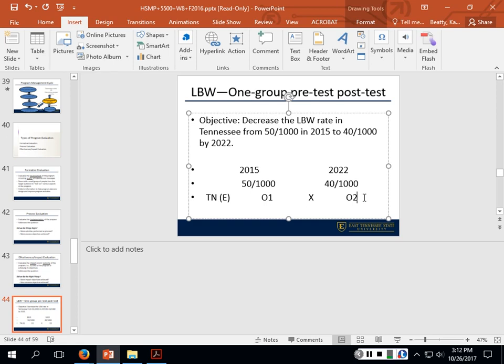So in public health research, again, while randomization is the gold standard, okay, for ethical reasons and sometimes for logistical reasons, it's not an option. So our best bet in that case would be to include a comparison group, okay, that is similar in characteristics to our intervention group.